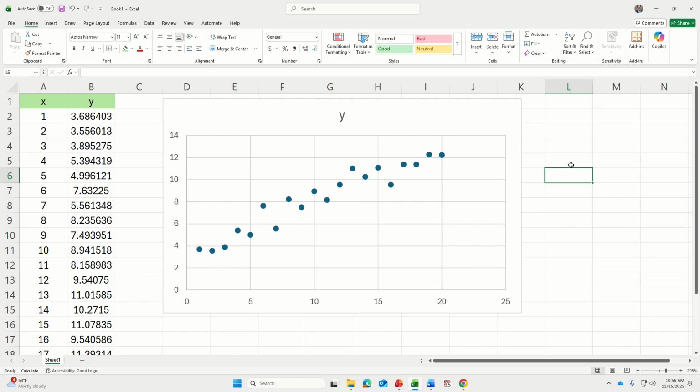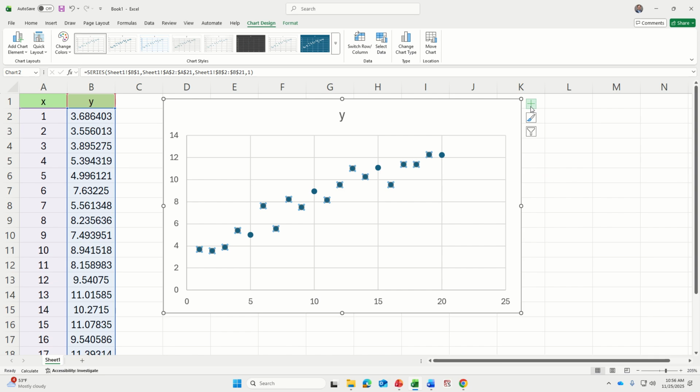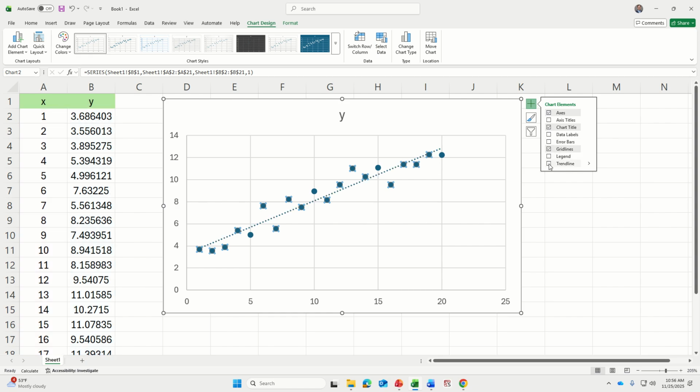So what we do in statistics, if I want to go back and obtain what the underlying deterministic linear model is, is a process called regression. And regression looks like this. If you're using Excel, you click the little plus sign to add chart elements. You click on the trend line checkbox.